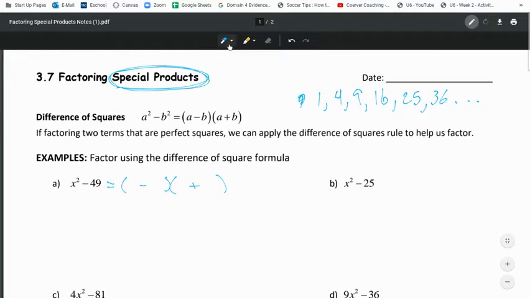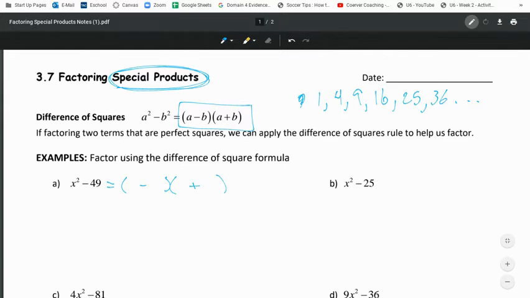What I'm looking at is this part right here. All I have to figure out is the value of A and the value of B. Here's what the formula looks like: a perfect square minus another perfect square is equal to the quantity A minus B times the quantity A plus B. So I just need to figure out what A and B are.